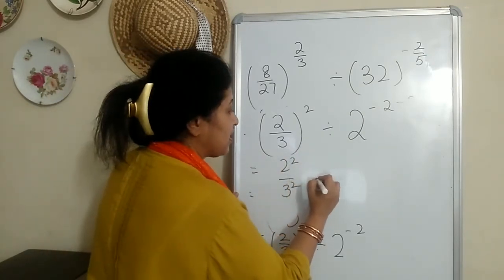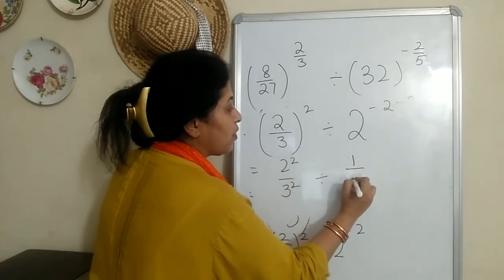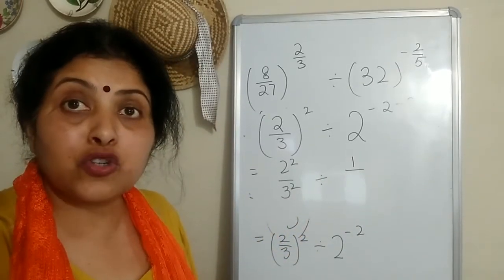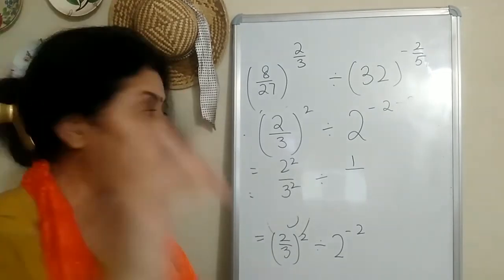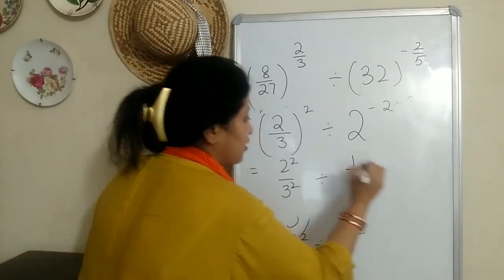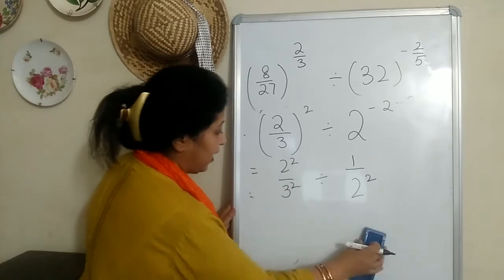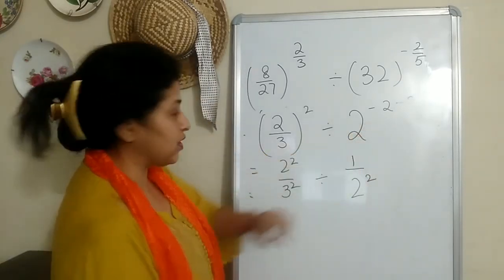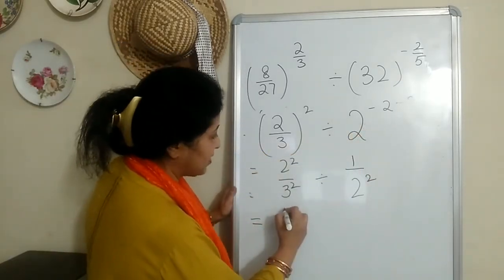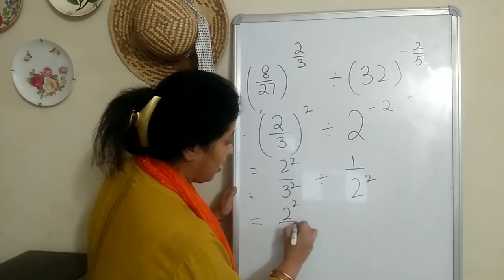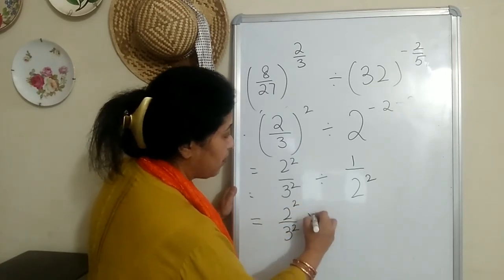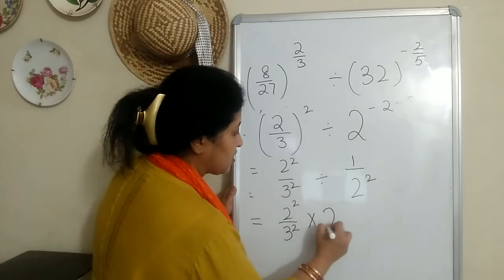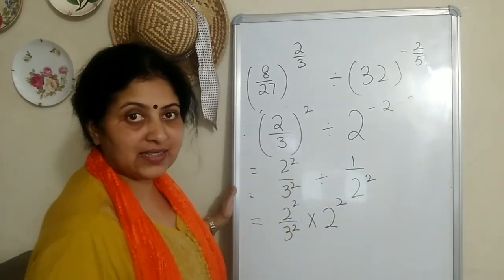Divided by means, before divided by I can write 1 by 2 square, right? So this becomes 1 by 2 square. And then, because I've written the reciprocal of this, I can write this as 2 square upon 3 square multiplied by, again this will be the reciprocal like this.